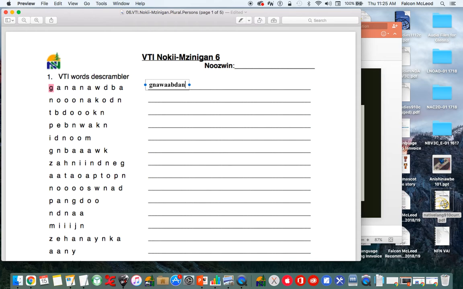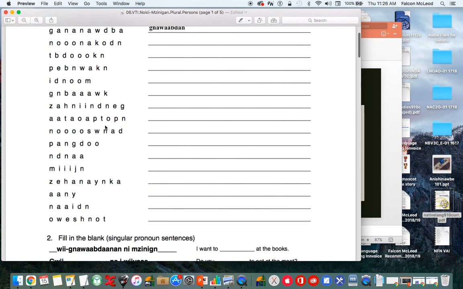Gna wab don. So that one, that's how we do that. So we descramble these letters to form our VTI words. This one is gna wab don. So these are all in command forms, or not command forms, but the singular command form that we were introduced to them as.